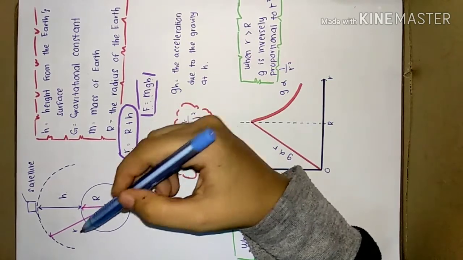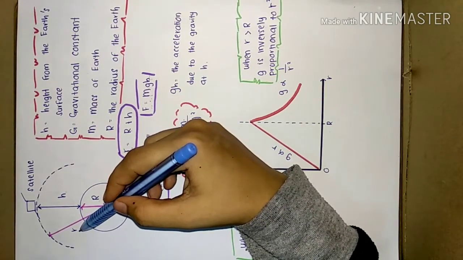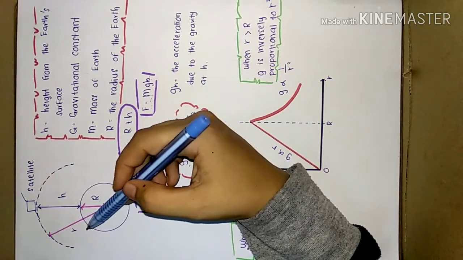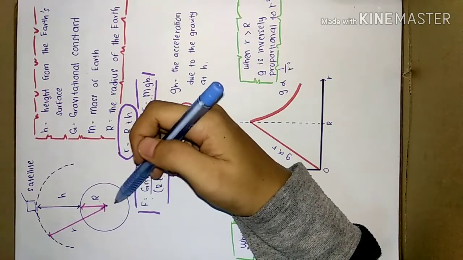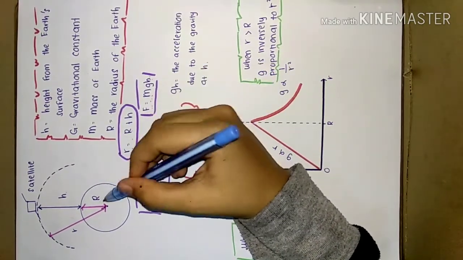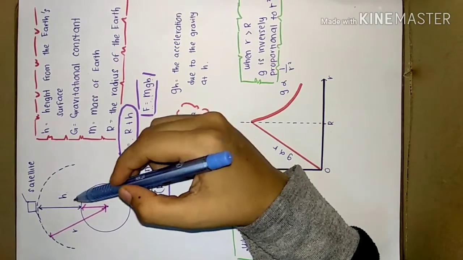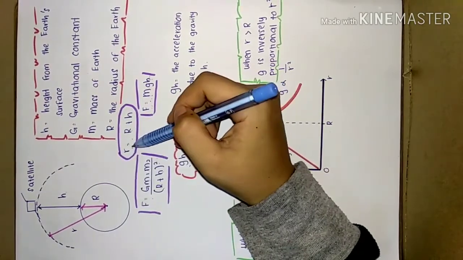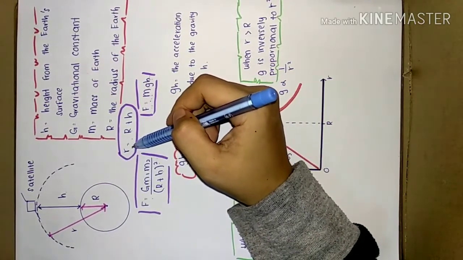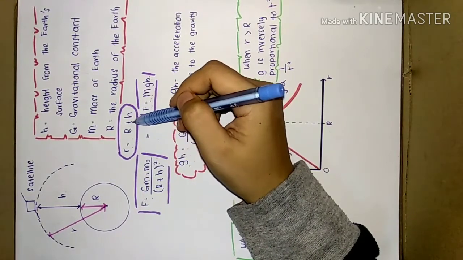So little r, the distance of the satellite from the center of Earth, equals the radius of Earth plus the height above the surface: r equals R plus h.